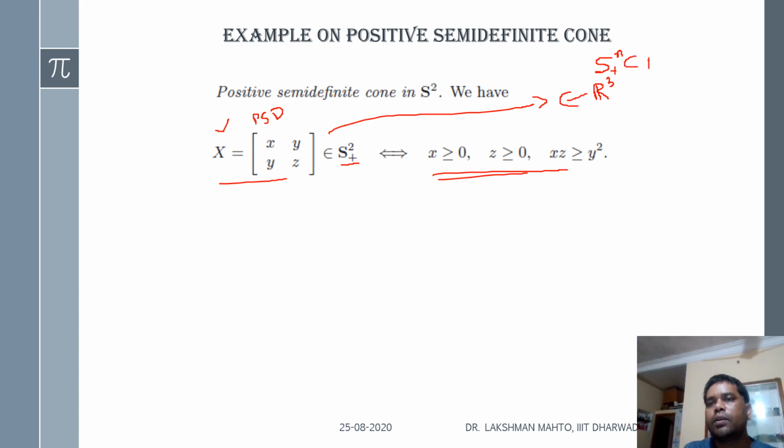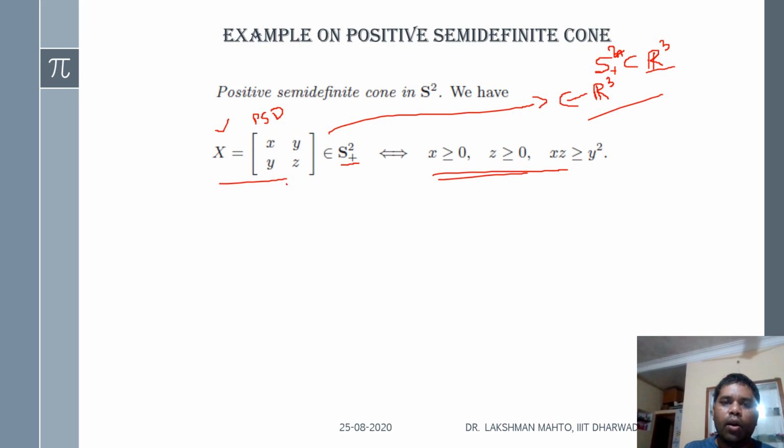And also we know that Sn is a subspace; here we have taken 2, so S2 is a subspace of R3.